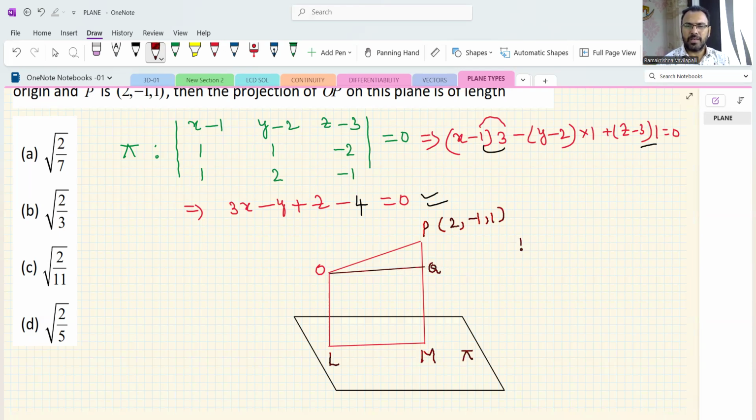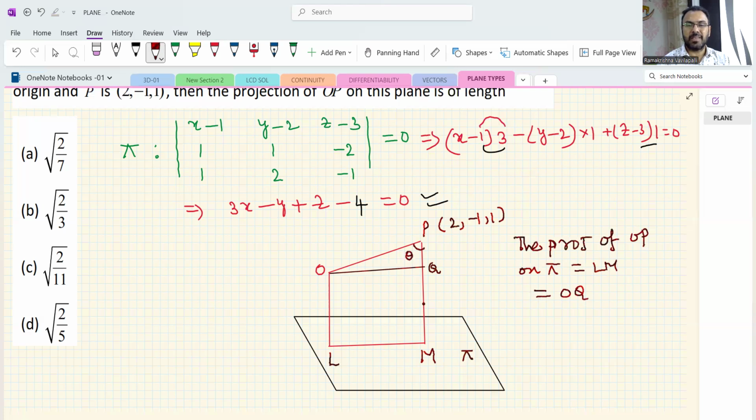So the projection of OP on plane pi is nothing but LM. That is nothing but OQ. Both are equal. Assume this angle is theta.